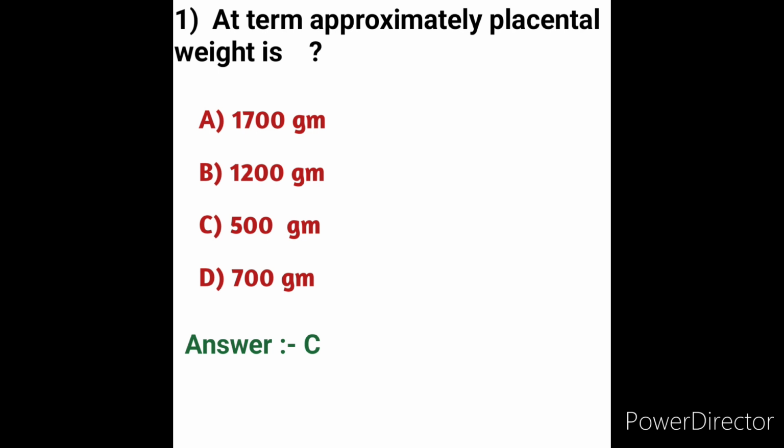The ability of the fetus to grow and thrive in utero depends on placental function, and the average weight of the placenta at term is 508 grams.